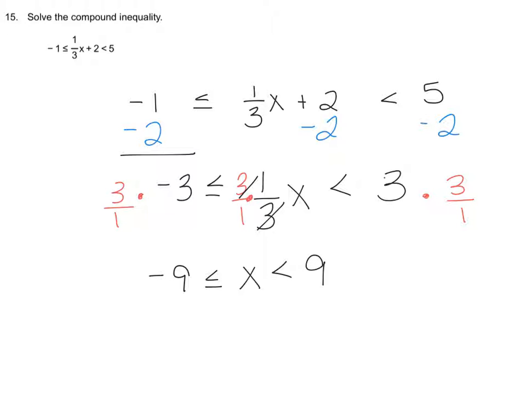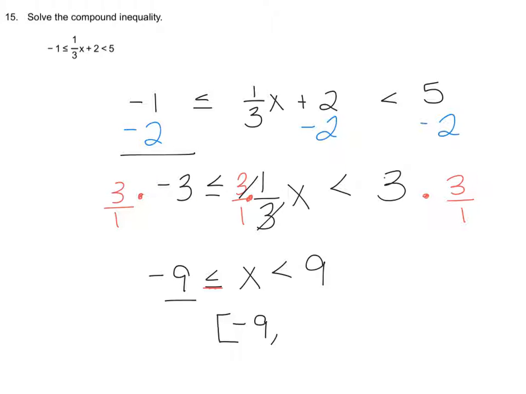So this is my solution, but I want to write it in interval notation. So that tells me that I'll write the smallest term, which is a -9. I'll write that on the left side of my interval. And I'm going to place a bracket next to it because there's a line underneath my inequality sign.